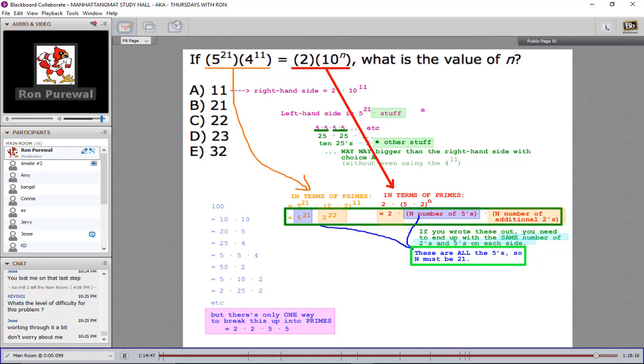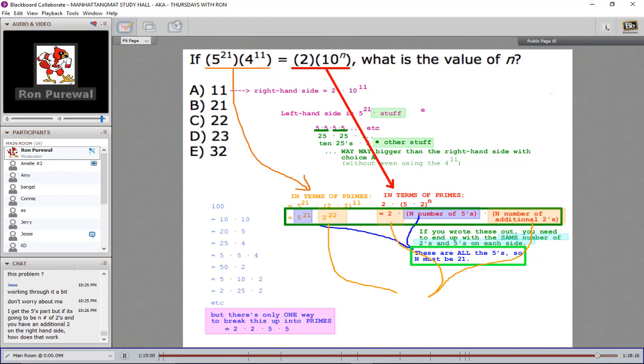If you took these 2s and then you took these 2s together, these have to be the same as well. So if you look at the 2s separately, it should also work.